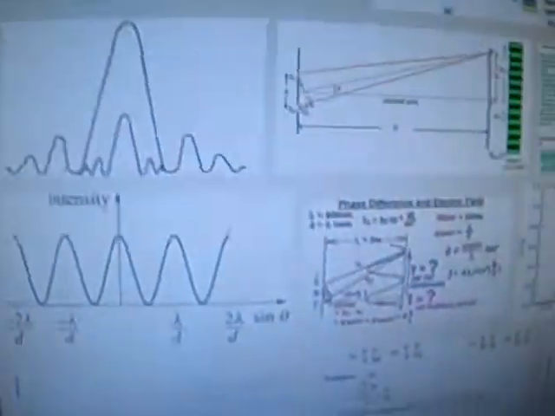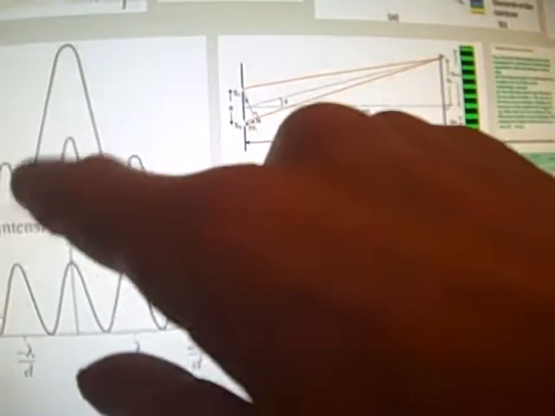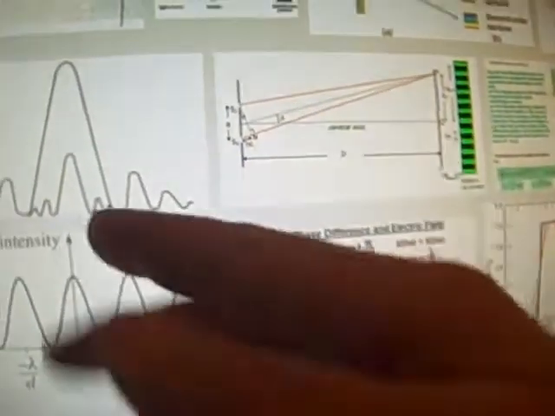The other thing I find somewhat interesting is this idea that if you take the pattern of the single slit, the double slit pattern fits inside of it. So it's like the double slit just creates more divisions inside of what would be the single slit pattern if the intensities were equalized.